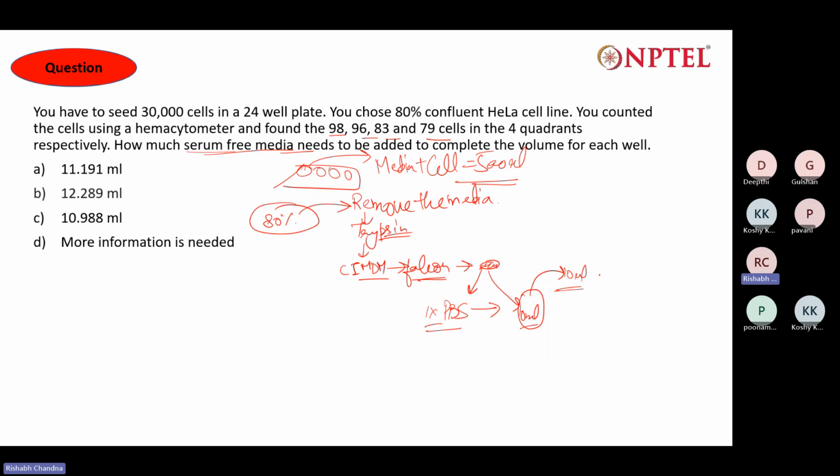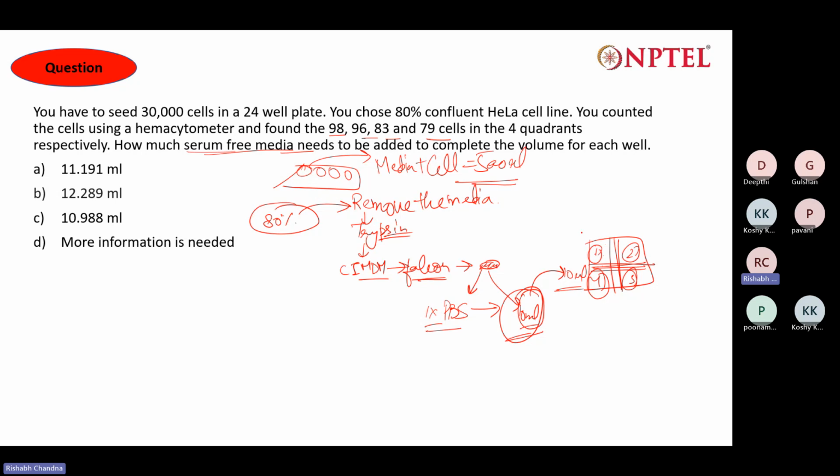As you would remember from the previous lectures, in the hemocytometer this is the big square that we have, and this is divided into four quadrants, which have lines like this. This is the first, second, third, and fourth quadrant. We count the number of cells in these quadrants, and then we calculate the total number of cells per microliter that is present in this 10 ml of the PBS. So how do we calculate? In this case, we have 98, 96, 83, and 79 cells.